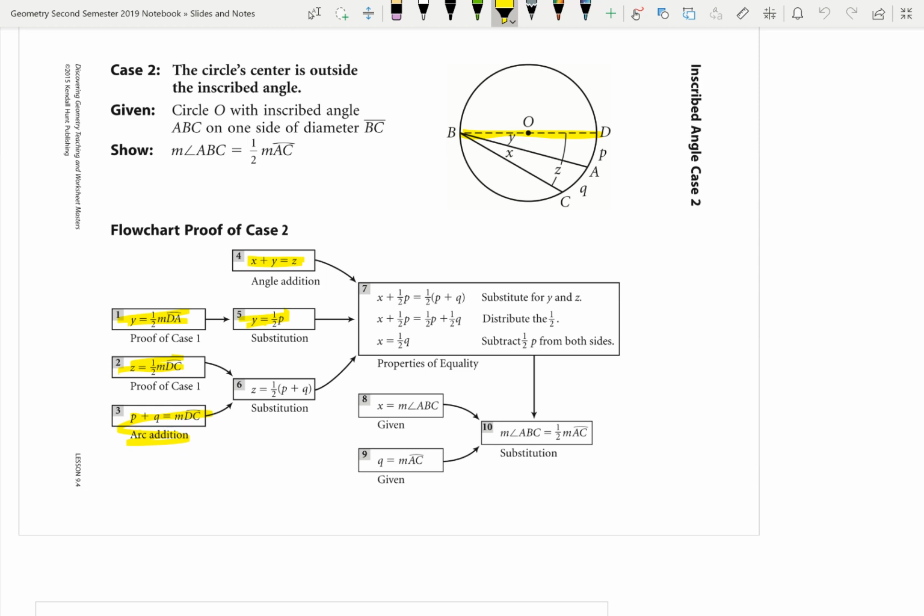And so again, we can see lots of substitution being used here, more properties of equality, from distribution to subtraction to substitution, and more substitution. So in these proofs, you're going to be doing lots of substitution using some of the conjectures from chapter 9.